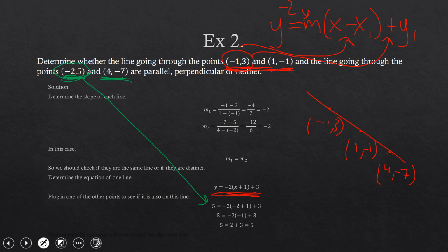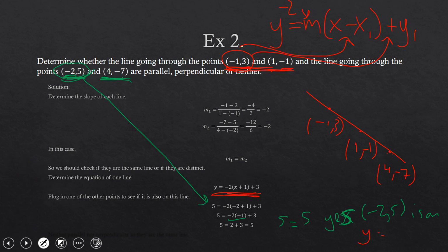And then multiply -2 by -1, that's going to give us 2. And so this is 2 plus 3 is equal to 5, and so 5 is equal to 5. And so that means that yes, -2, 5 is on the red line.